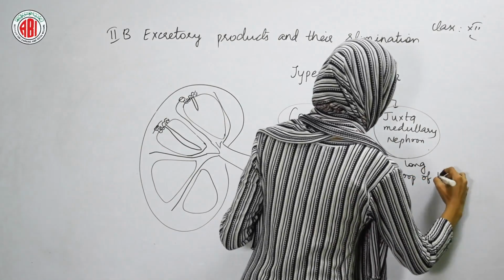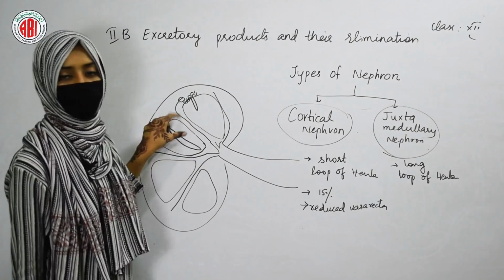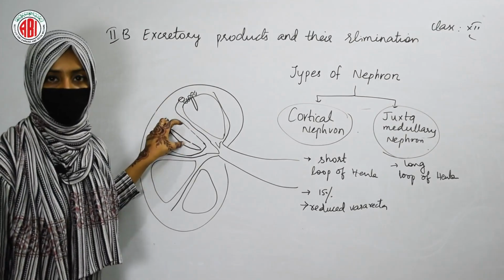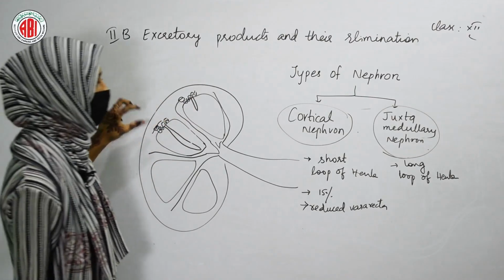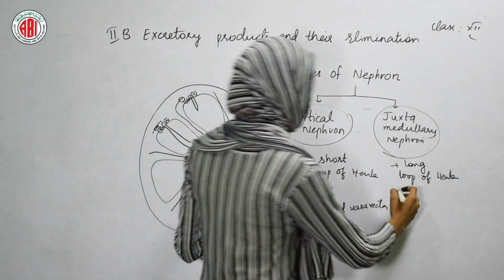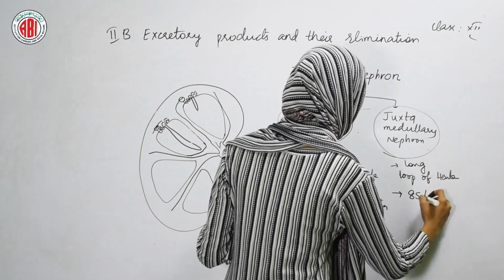This long loop of Henle extends and moves into the medullary pyramids. In this way, the whole structure of the loop of Henle is present in the medullary region of a kidney. We call this type of nephron the juxtamedullary nephron, and it comprises 85%.